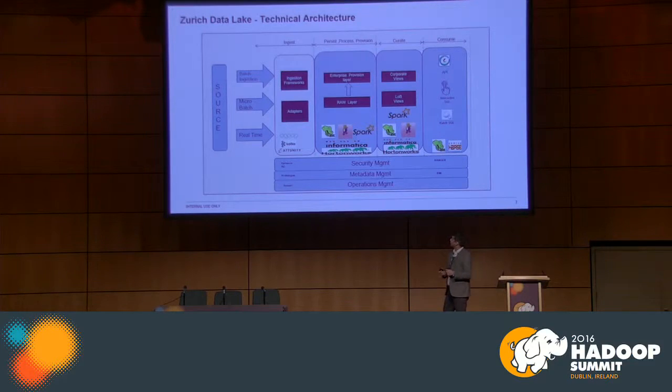We have adapters which adapt to the ingestion mode based on what sort of file or data source is coming. Then we are persisting and processing data. Within the processing layer, we use a mix of technologies: Informatica, Hive, Pig, and Spark, whichever plays well.